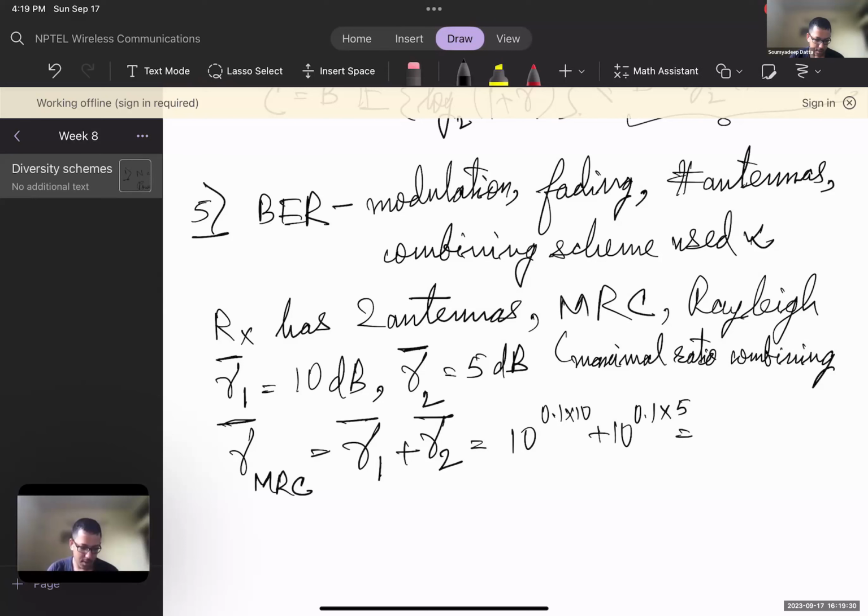Let's see. It's coming to be 13.16. So I'll just convert it into dB.